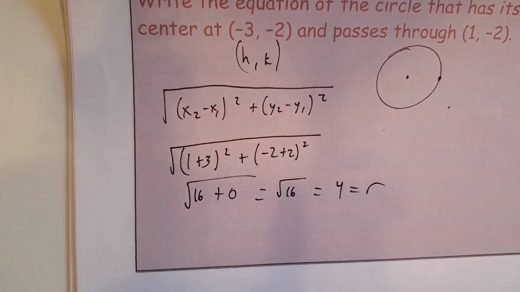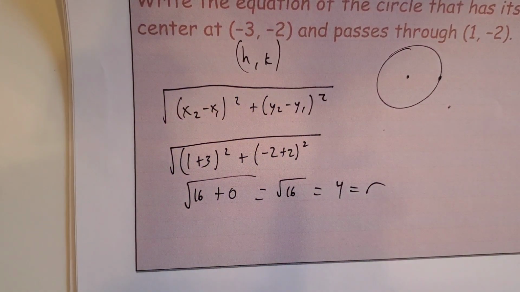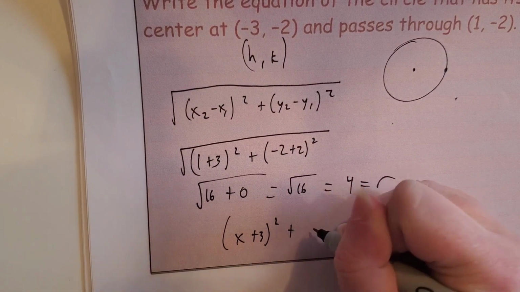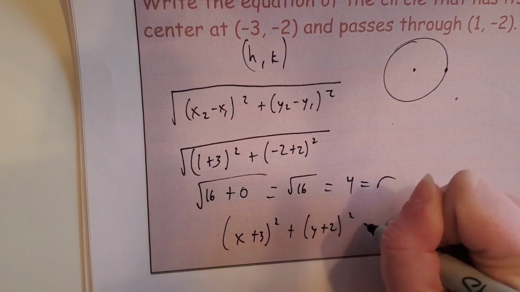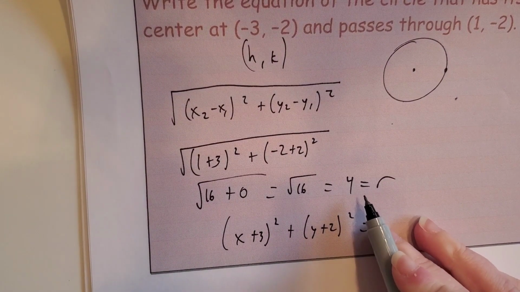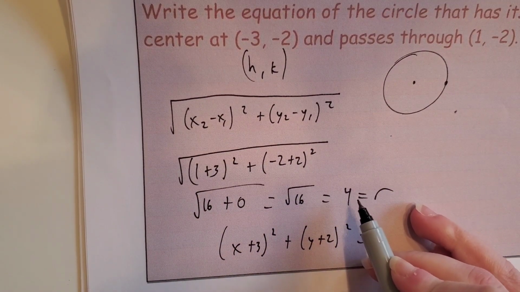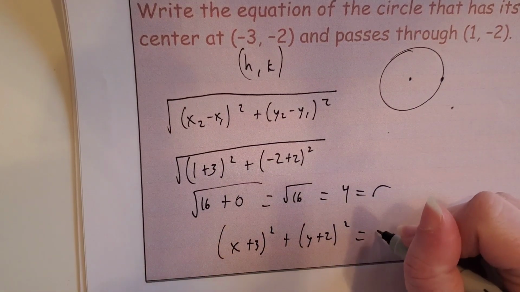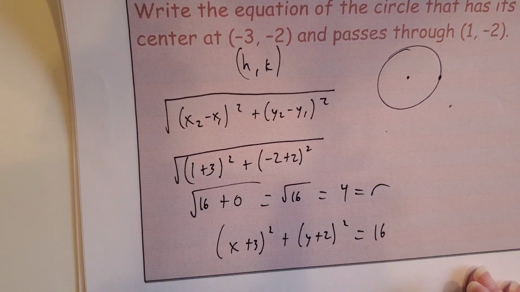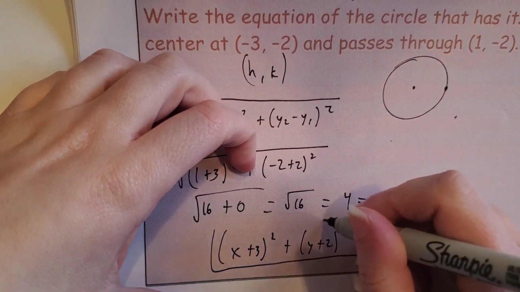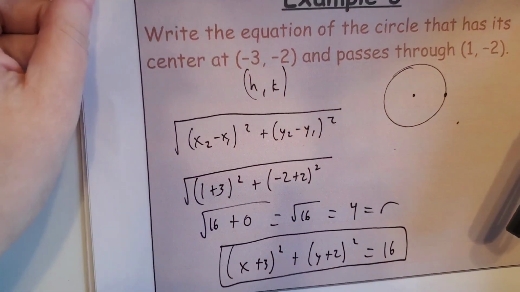Now you have both pieces of information, your center and your radius, and we have enough to plug into standard form. x plus 3 squared plus y plus 2 squared is equal to, again, you have to square the radius. Please don't forget to do that. 4 squared is what's going to go here, so it's 16. And there you go.